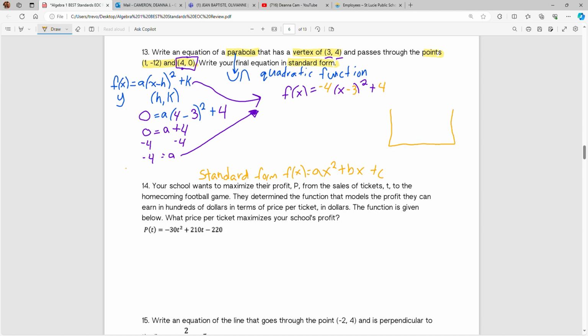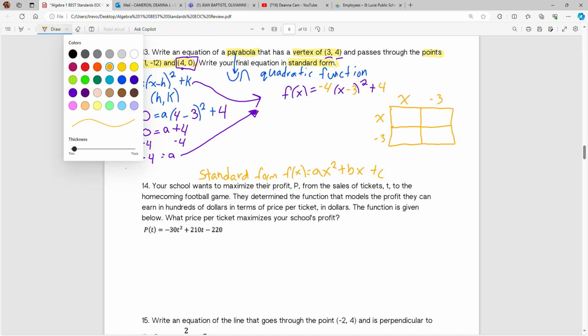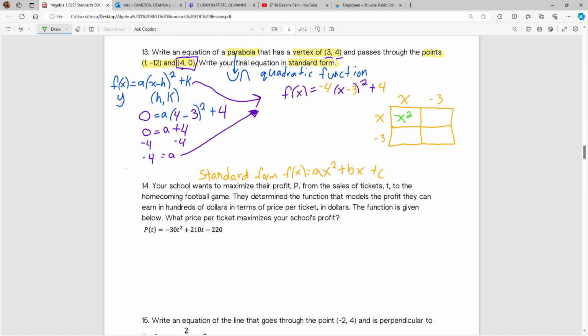You guys taught me that, and that has been my go-to, so thank you. So I make my box for my area model, and I've got x minus 3, so x and -3, and that's squared, so it's the same thing over here, x and -3, a binomial times a binomial. x times x will be x squared, x times -3, -3. x times -3 again, -3.